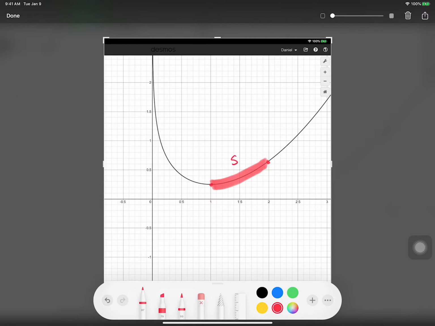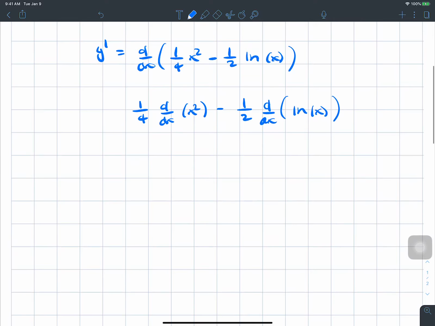Properties of derivatives. All right, here we go. This is going to be 2x, and this is 1 over x.